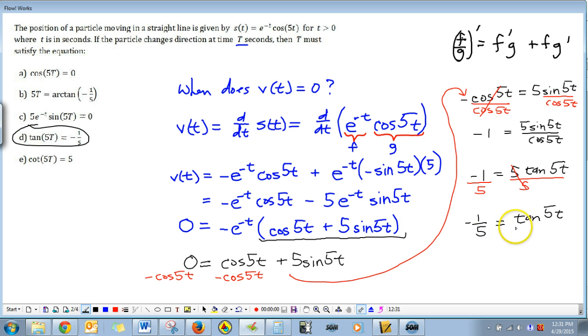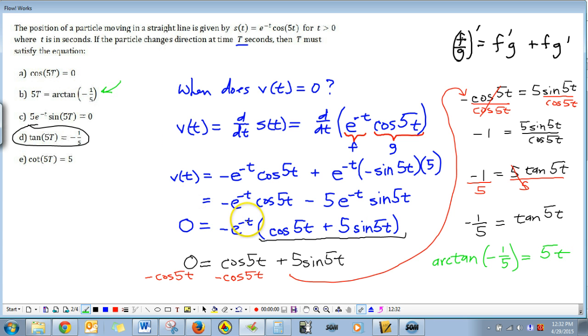Now notice that if you were to take the arctangent of both sides, I'm going to switch to lime green, and write it correctly, arctangent of negative 1/5 equals 5t. That looks really similar to this one.